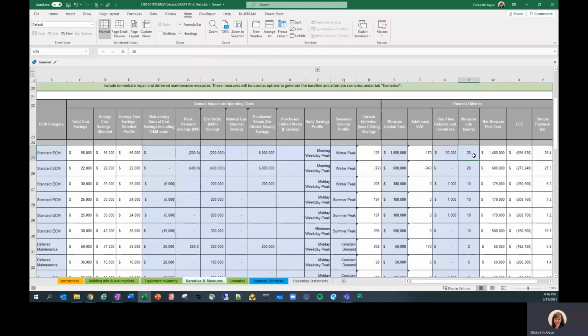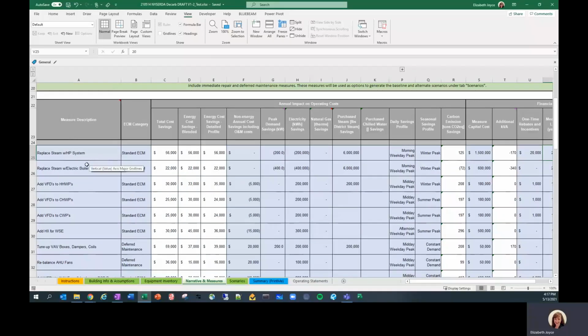Whereas measures like retrocommissioning or tune-ups really only persist for a year or two, a much shorter period of time. And those savings are then indicated in the Scenarios tab and in the back-end calculations of the tool when you look at the future operation of your building.